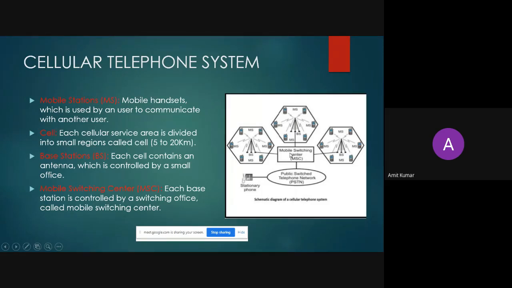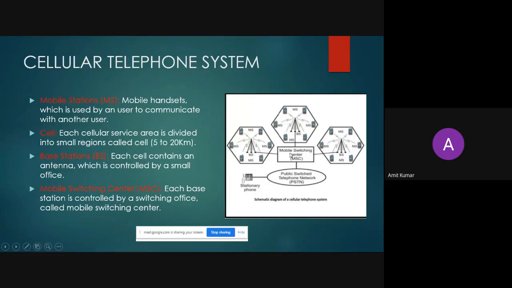Now we will see the scenario. What will happen? Say, for example, a person is moving from one cell to another cell. When he is in cell 1, he has tower 1, or you can say the first antenna which is on the left-hand side, and he is connected to that.